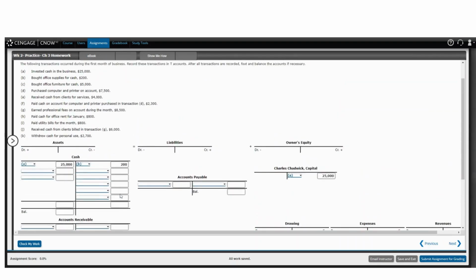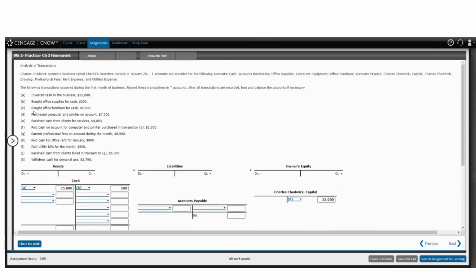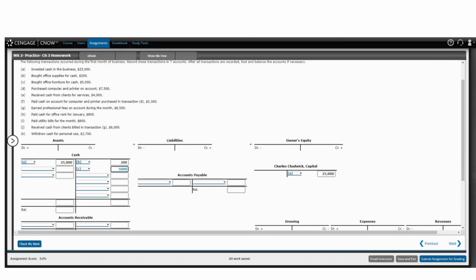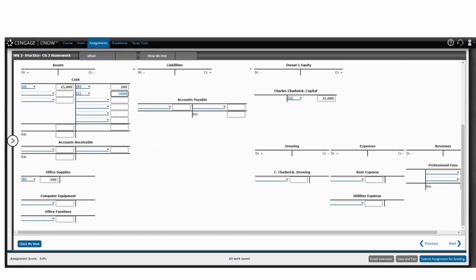Okay. Looking at C, we bought office furniture for cash for $5,000. Okay. So cash decreases on the credit side. So I'm going to put C, and I'm going to put 5,000 in here. I decrease my cash on the credit. And the other account that was affected was office furniture.